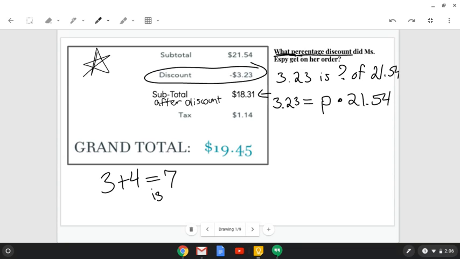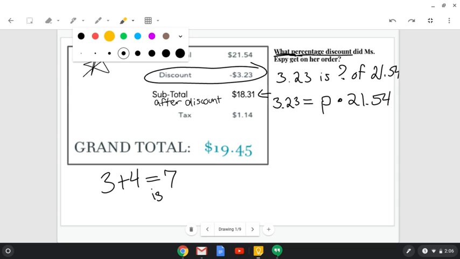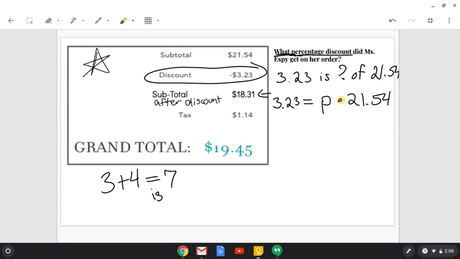So then my next thought to myself is, okay, I need to get the p, the variable, alone so that I can say p is this number, a number is the percentage. In order to do that, I need to get rid of this multiply by 21.54.